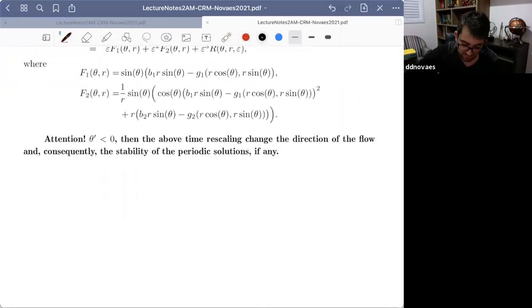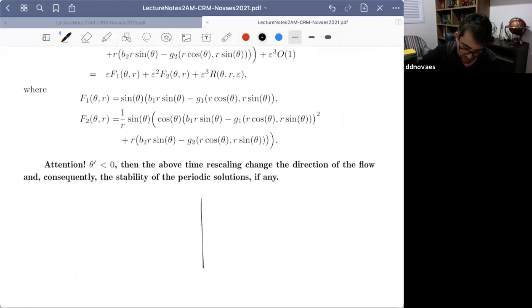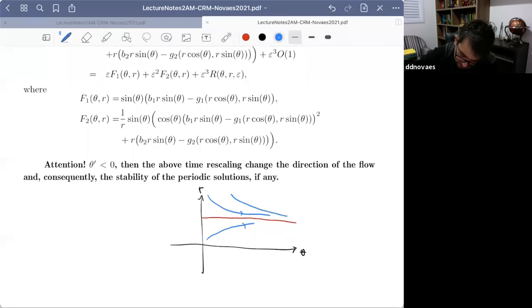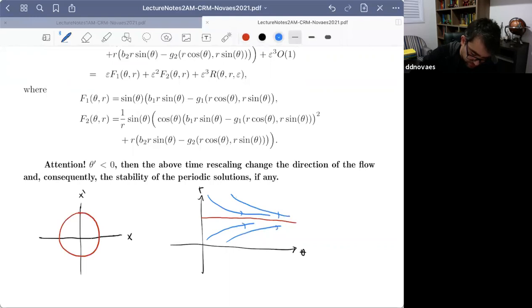So for instance, if for the difference equation 6, we find, let me draw, here's theta, here's r, we find a periodic solution which is an unstable one, suppose that all the orbits are converging to this, then in the original system, x and y, this corresponds also to a periodic orbit, but an unstable periodic orbit, because I'm changing the direction of the flow when I do the transformation. So we have to have this in mind.